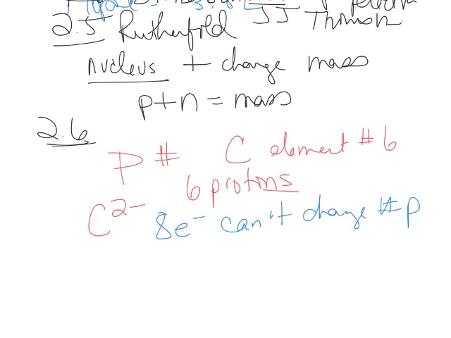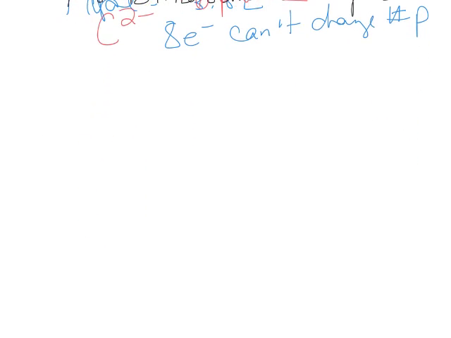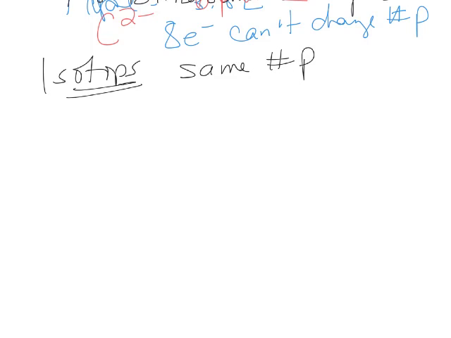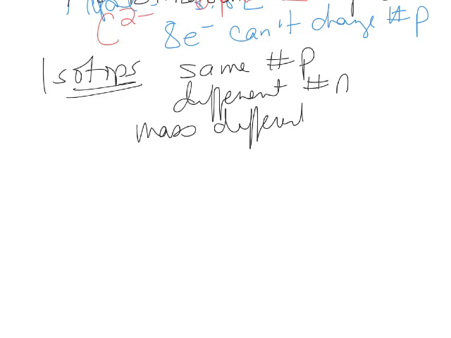Also very important is isotopes. So understand what isotopes are. Isotopes have the same number of protons, right? But they have different numbers of neutrons. So therefore their mass is different. If you look at hydrogen, deuterium, and tritium, they all have one proton.